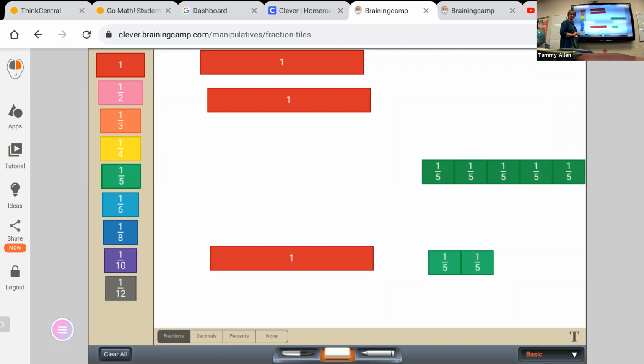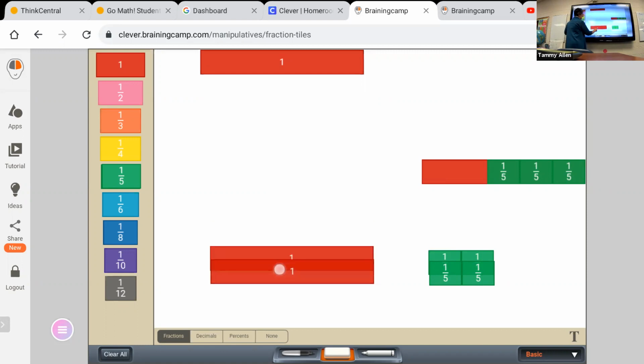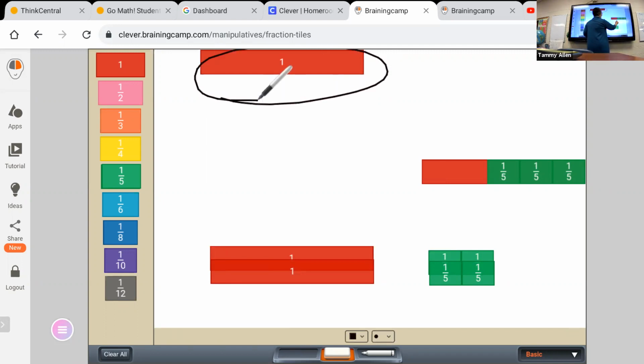Okay? So I drag out how many pieces? I drag out how many whole pizzas for this? 1. What am I left with? 1 whole pizza, and 3 fifths. 1 3/5.